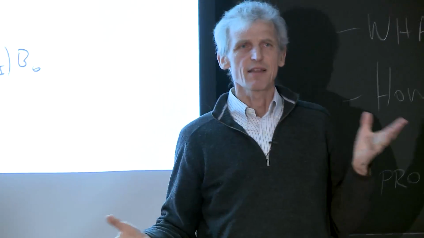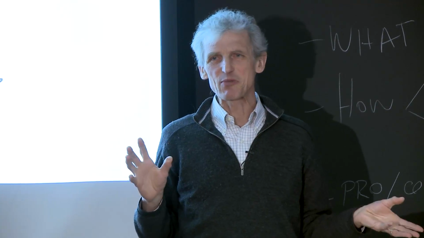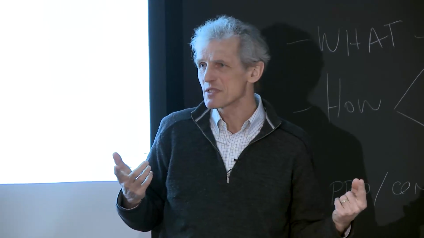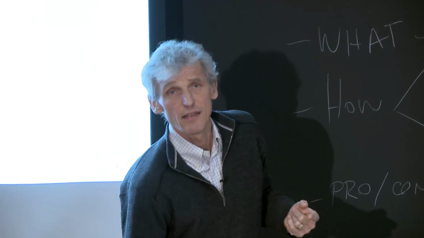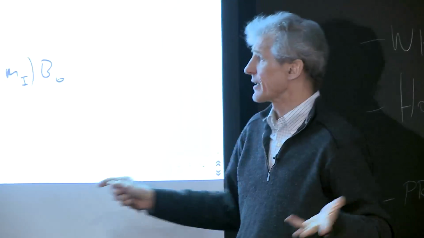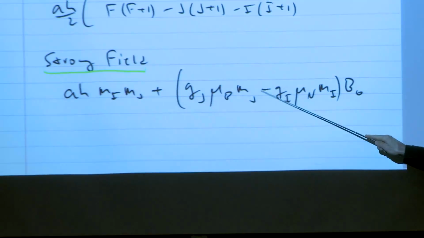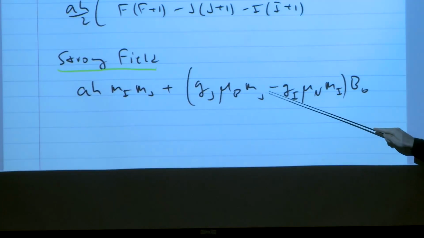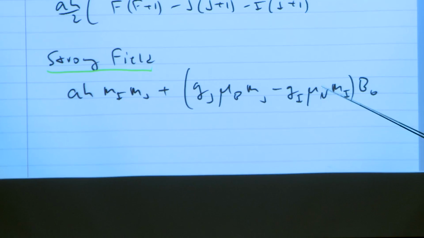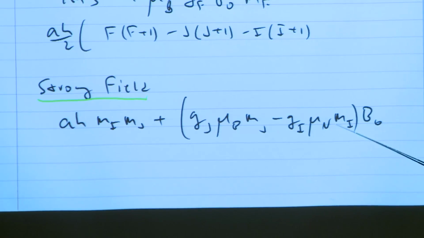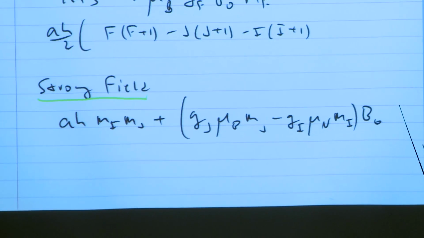Now, what you should also learn here in this example is the language which we use. And sometimes I would say the language can be more confusing than the equations. What we say here is that the angular momenta of the electron and of the nucleus are coupled to the magnetic field axis.